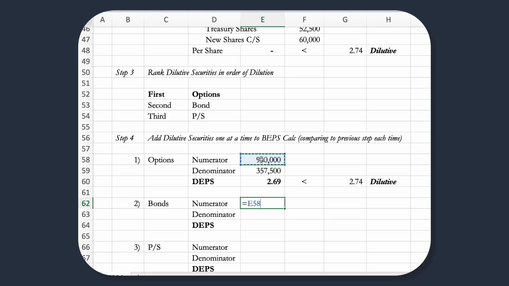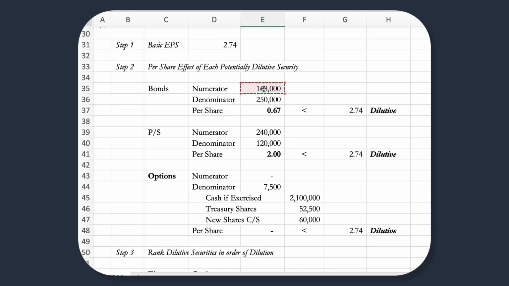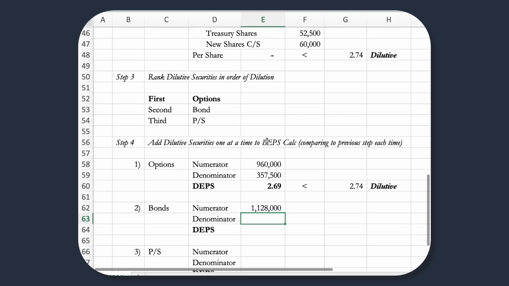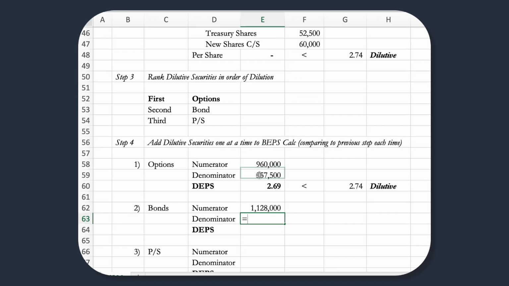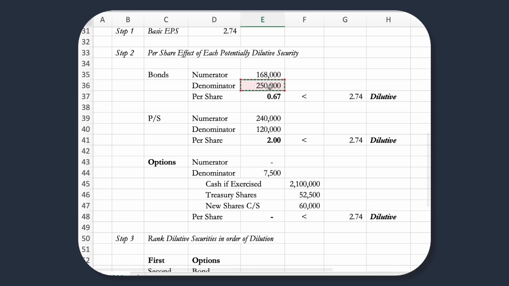I'm going to take the numerator effect from the last step and I'm going to add the numerator effect if the bonds are converted. So if the bonds were converted, I would have a $168,000 impact on my numerator, more income because less interest expense. And then I would have a positive impact on my denominator as well. So I'll start with the 357.5 and I'll add in the denominator effect of my bonds.